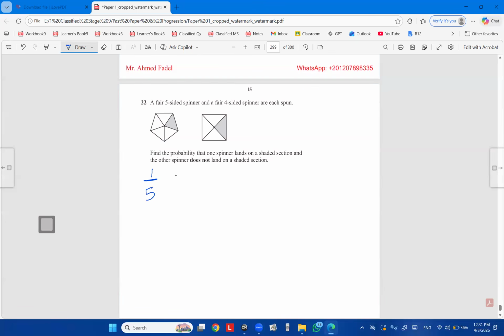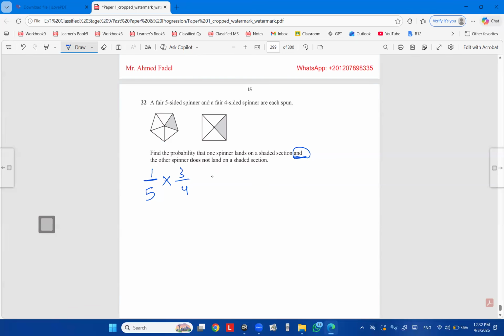And the other is unshaded, and we said and means times. So the other is unshaded, 3 out of 4. Shaded times unshaded: 1 over 5 times 3 over 4.